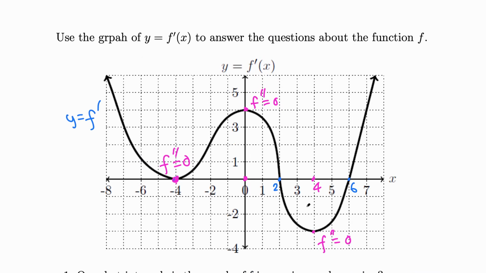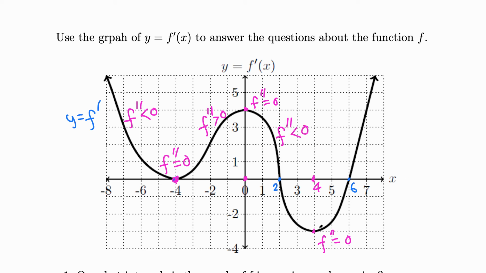Look at this graph: it is going down here, so for this portion the second derivative is negative.